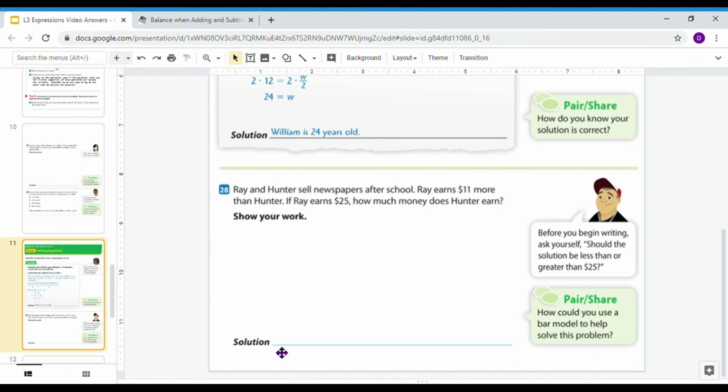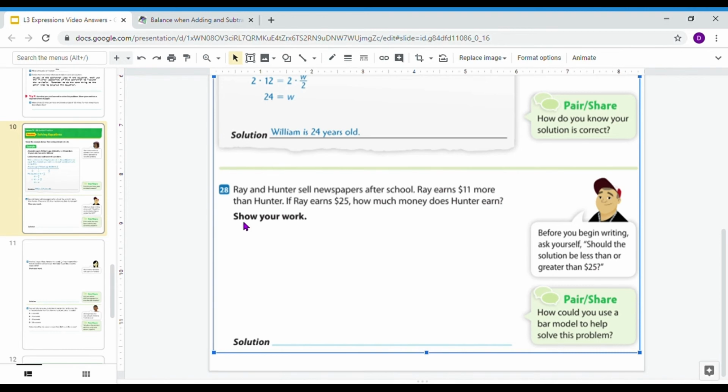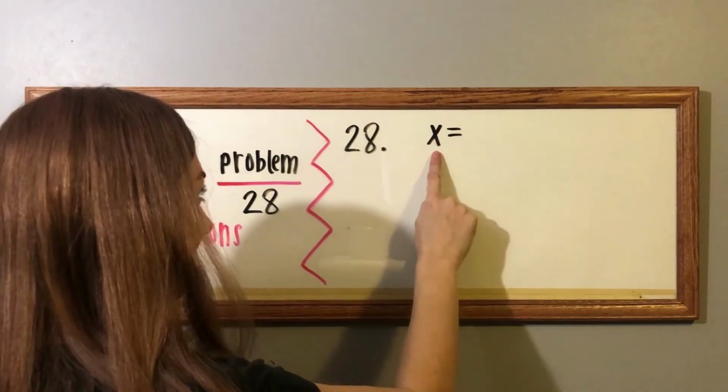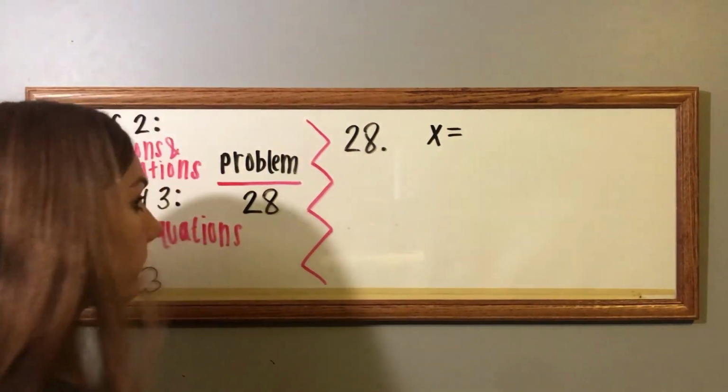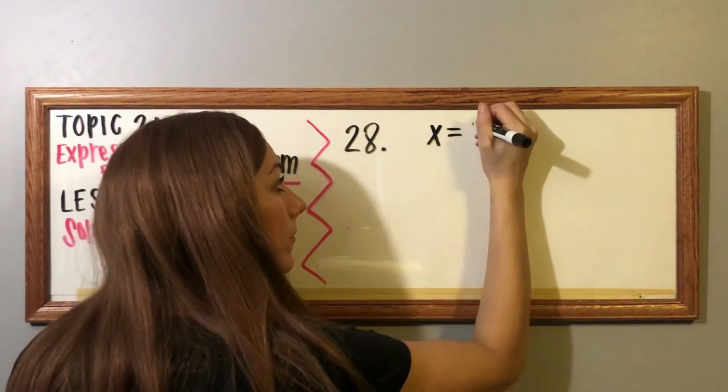So first I want to set up my expression. I need to figure out what is my x, what is my variable, what information am I trying to find out? In this case, it's asking me how much money does Hunter earn?